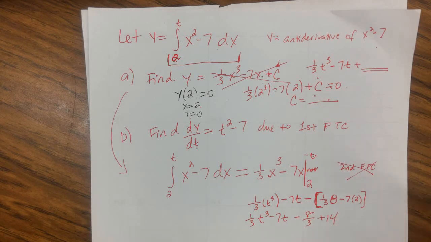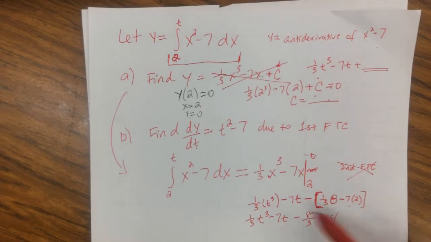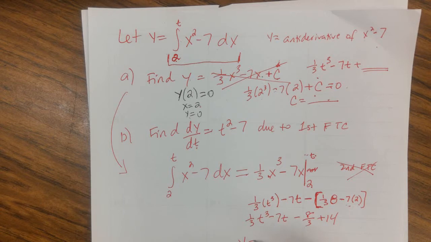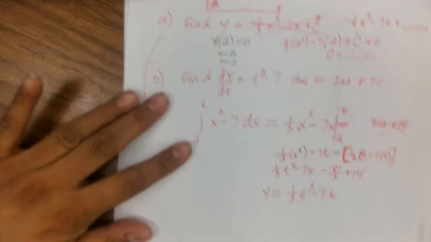And then if I combine like terms, I just want to make sure I did everything correctly. T cubed, t, I plug in 2, I get 8. I plug in 2, and I get 14, and I distribute. All right, so y equals 1/3 t cubed minus 7t. Oops, sorry about that.